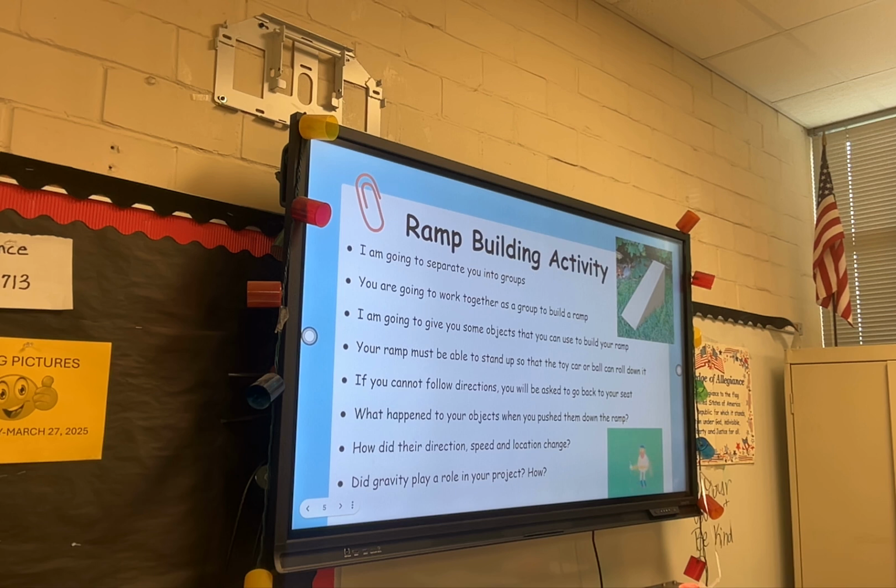Y'all sit right here. All right, y'all start working together to build your ramp, and use your pencil and put it at the top of the ramp so the pencil can roll.